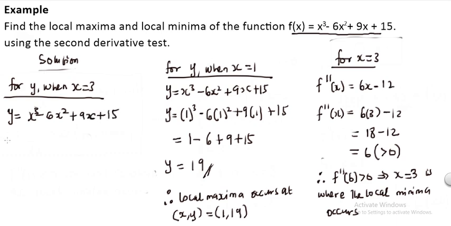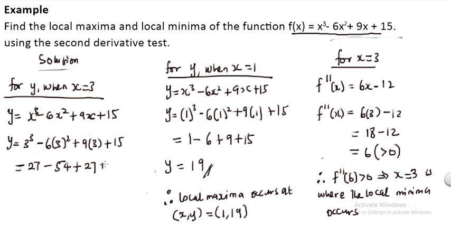If I plug in x equals 3, y equals 3 cubed minus 6 times 3 squared plus 9 times 3 plus 15. Now 3 cubed is 27, minus 6 times 3 squared is 54, plus 9 times 3 is 27, plus 15. So this is 27 minus 54 plus 27 plus 15. If you do that, you get 15. So your y equals 15 here.